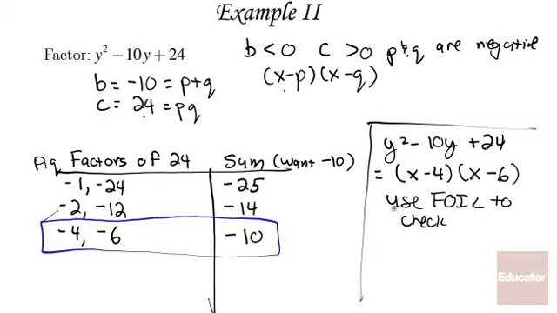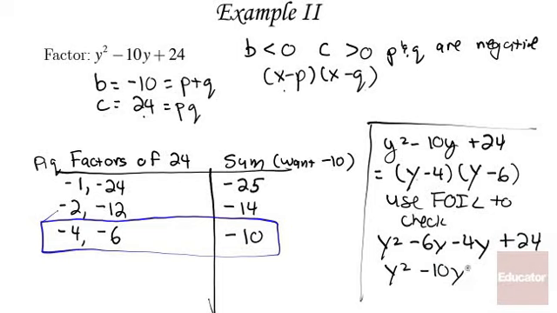We were working with y, so let me just go ahead and change this to y right here. Same basic form, but we are working with y. So we're going to end up with y times y is y squared. Outer terms, negative 6y. The inner terms multiplied, negative 4y. And the last terms multiplied give me plus 24. Simplifying to y squared minus 10y plus 24.